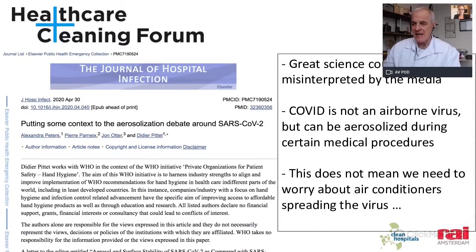COVID is not an airborne virus, but can be aerosolized during certain medical procedures only. This does not mean we need to worry about air conditioners spreading the virus. This would be totally foolish. So it's just an example of this type of misinformation that we have been suffering from during this COVID situation worldwide, but there are many, many others that I can summarize for you.